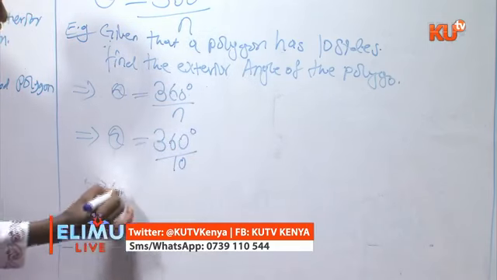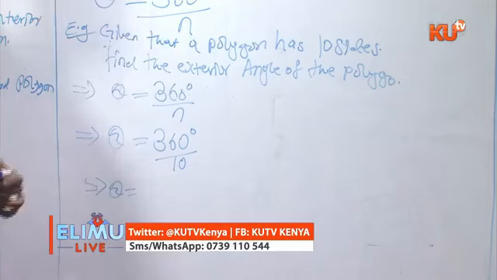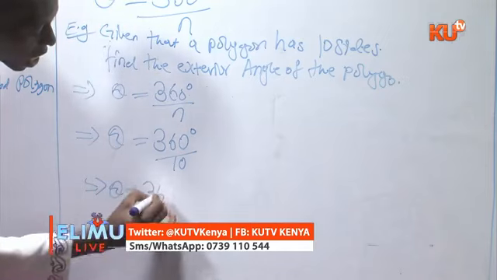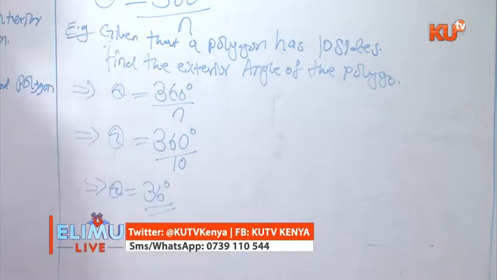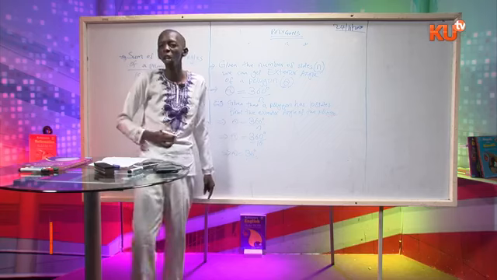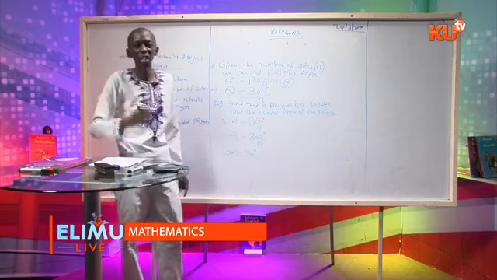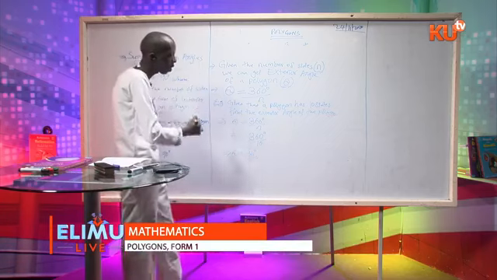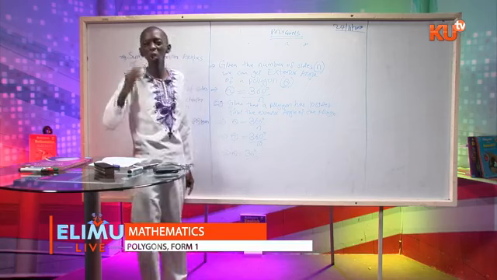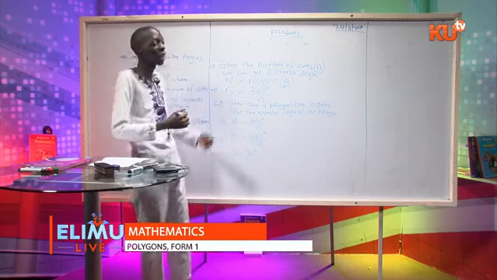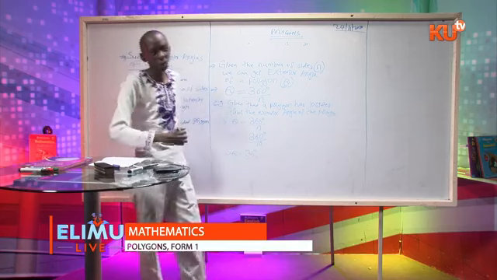And therefore, the exterior angle of that polygon is 36 degrees. That is also an important formula that you as a student should note in this particular area of polygons.